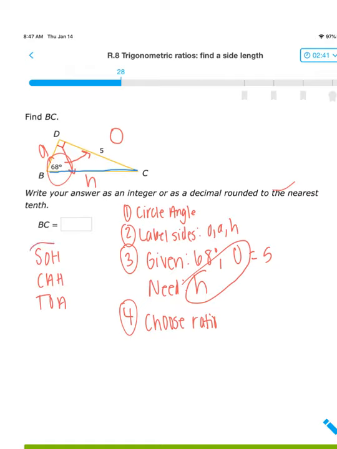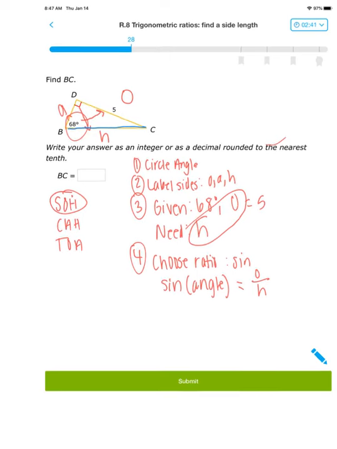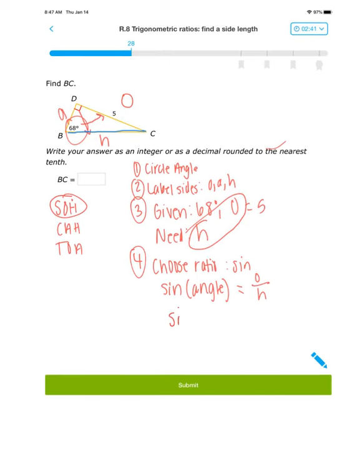Well, that would be SOH, right, because it has O and it has H. So my ratio would be sine. And the blueprint, like we said, is sine of our angle. The angle always goes next to the ratio, is equal to O divided by H. Now I just have to plug my information in. So sine of 68 degrees equals, opposite is 5, and hypotenuse I don't know.